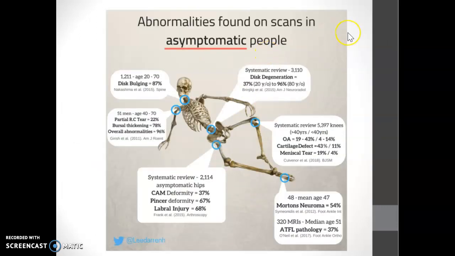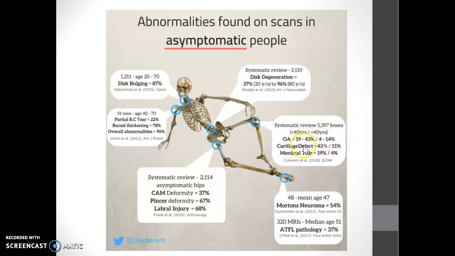And then these are the abnormalities found on scans in asymptomatic people. So as a systematic review, 3,110 studies looked at and found that disc degeneration, 37% in 20-year-olds and 96% in 80-year-olds. Thinking about knees here, so another systematic review found that in people aged over 40, between 19 and 43% would present with osteoarthritis on a scan, and then 4 to 14% under the age of 40.